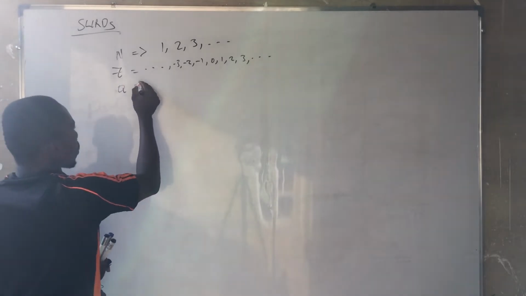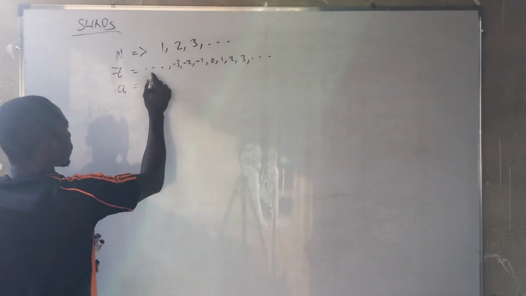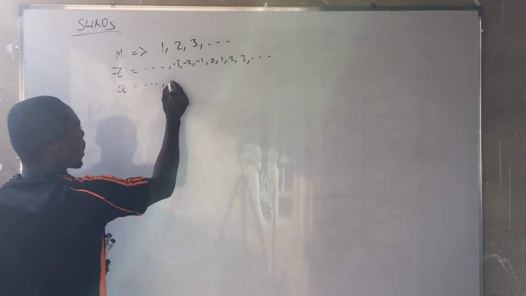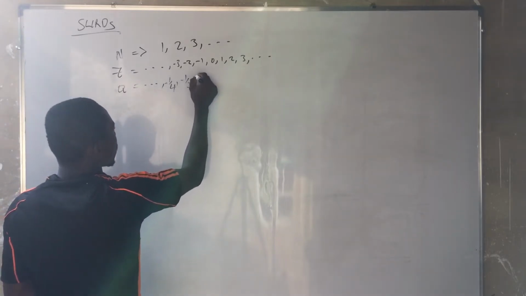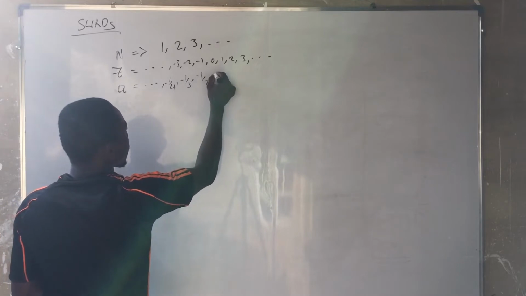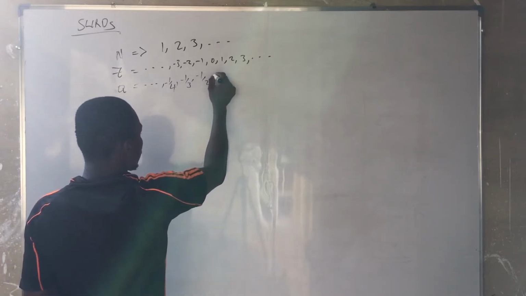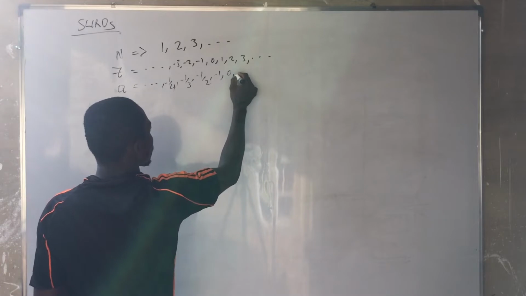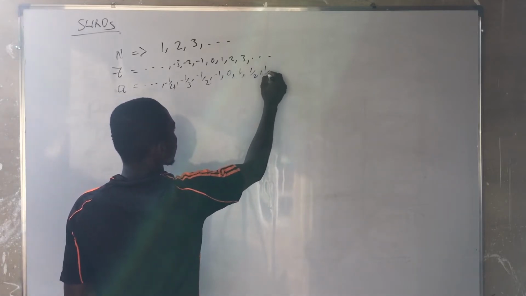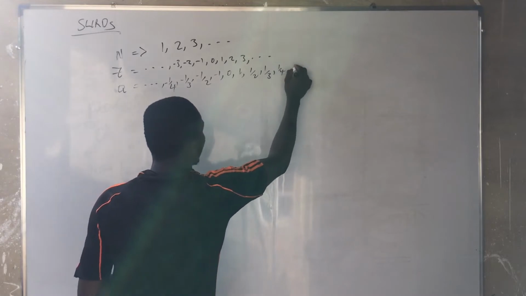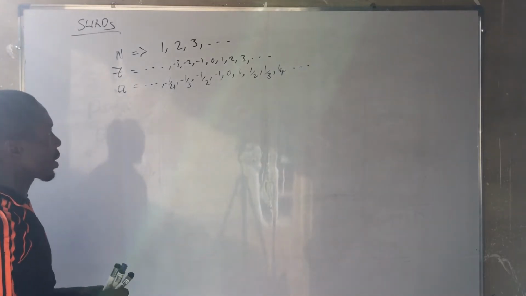The rational numbers, coming from infinity down to -1/4, -1/3, -1/2, -1, 0, 1, 1/2, 1/3, 1/4. Goes back to infinity again.